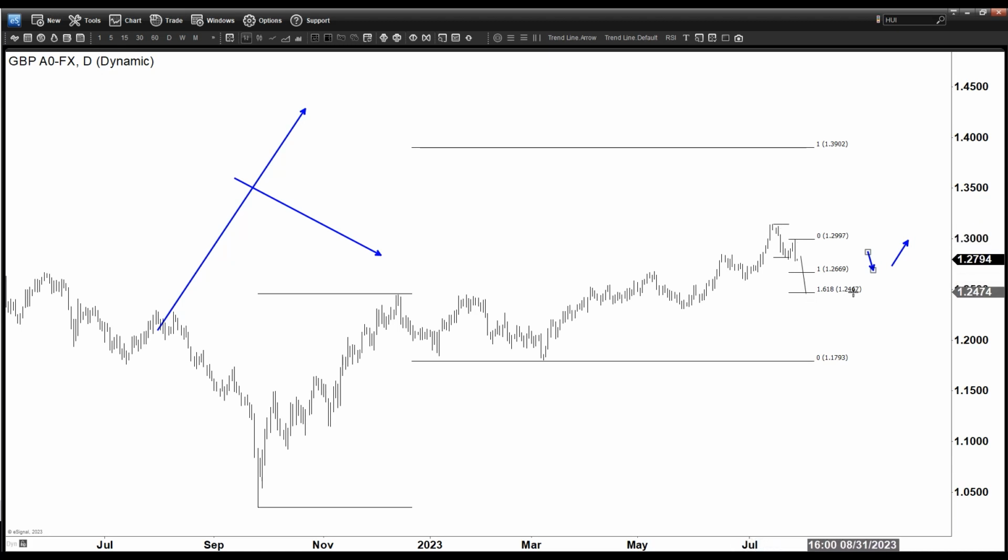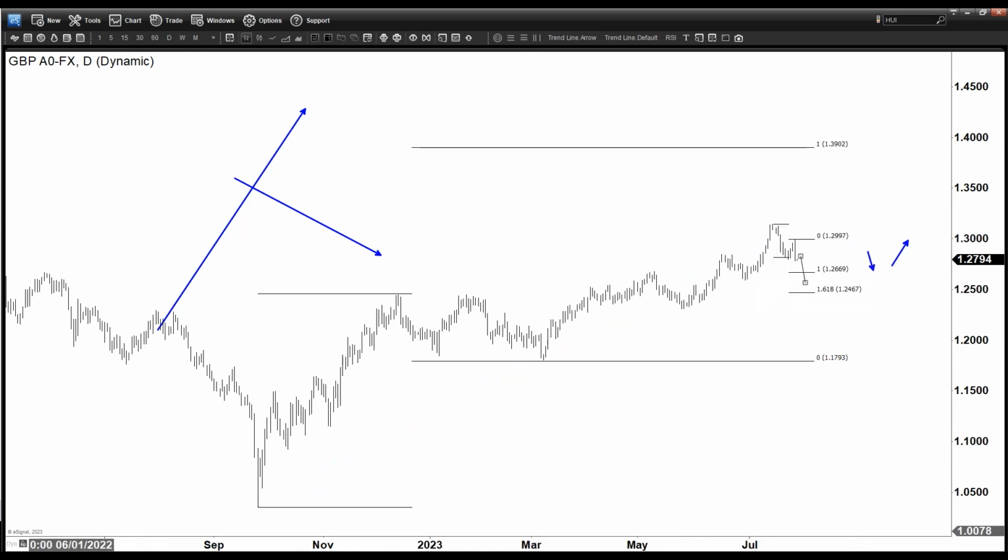So this 124.70 is the key level to determine whether this is an ABC or a 1, 2, 3. If it is a 1, 2, 3, then obviously we should get a 4 and a 5, and the implication is that we're going to be doing a bigger pullback. Maybe the cycle is over without reaching 100%, and we start lower again to correct the cycle. But for now, those are the alternates.